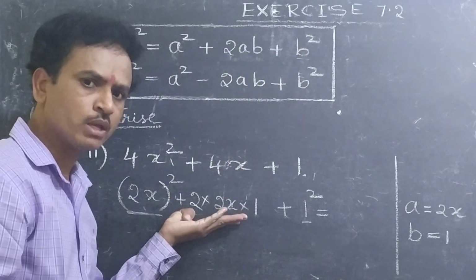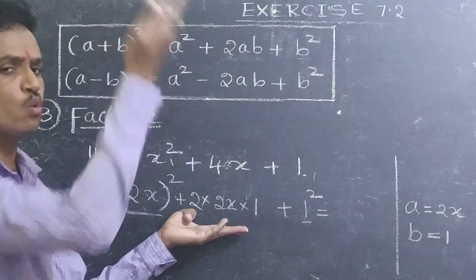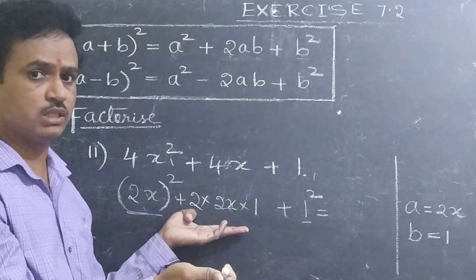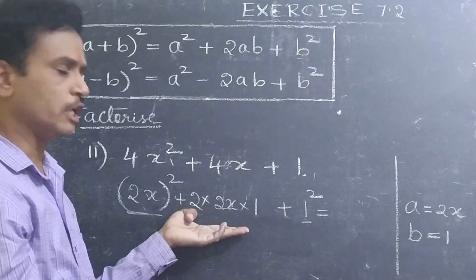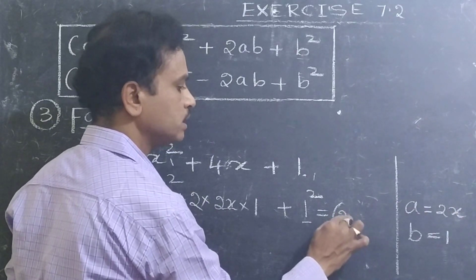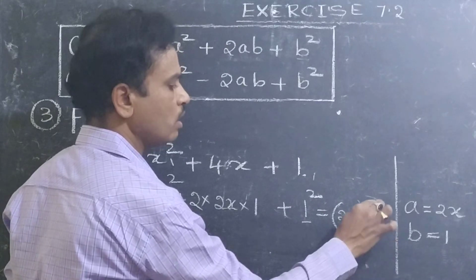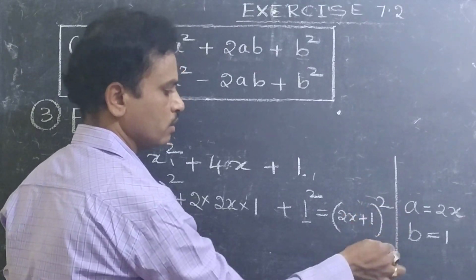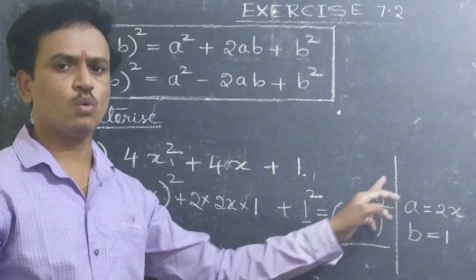Then what is the answer here? a plus b the whole square, that means a is equal to 2x plus b is equal to 1 whole square. Okay, so the answer is 2x plus 1 whole square.